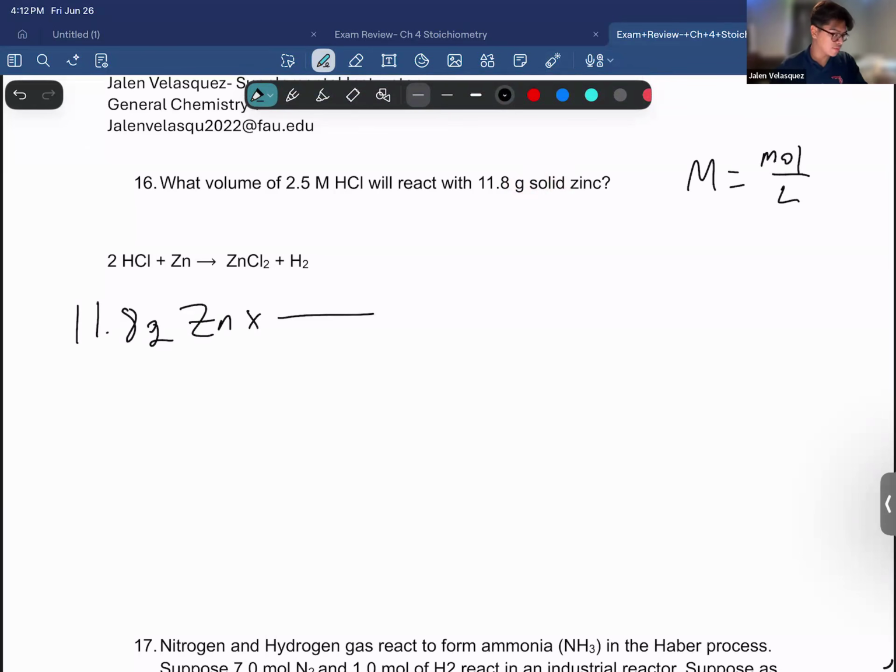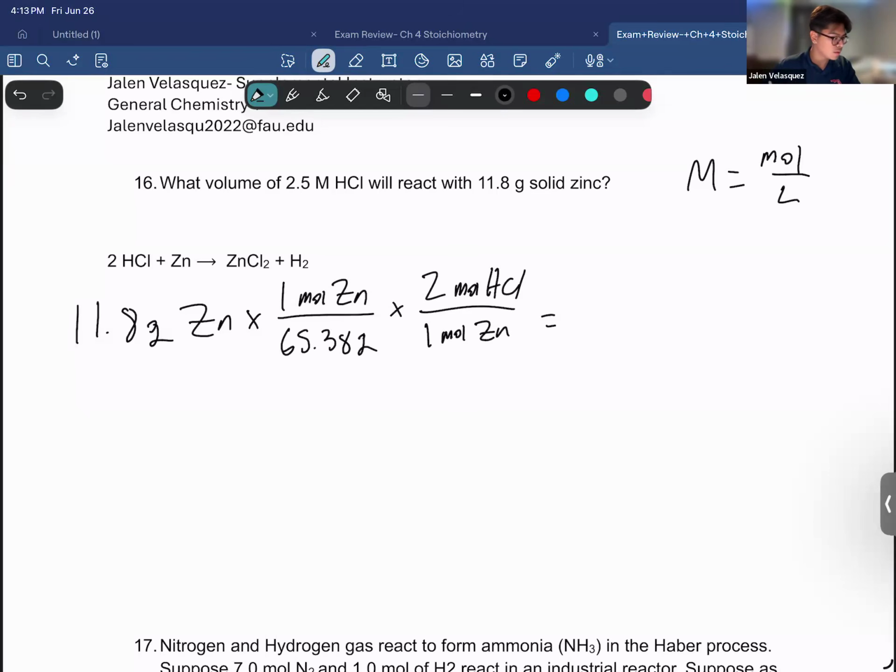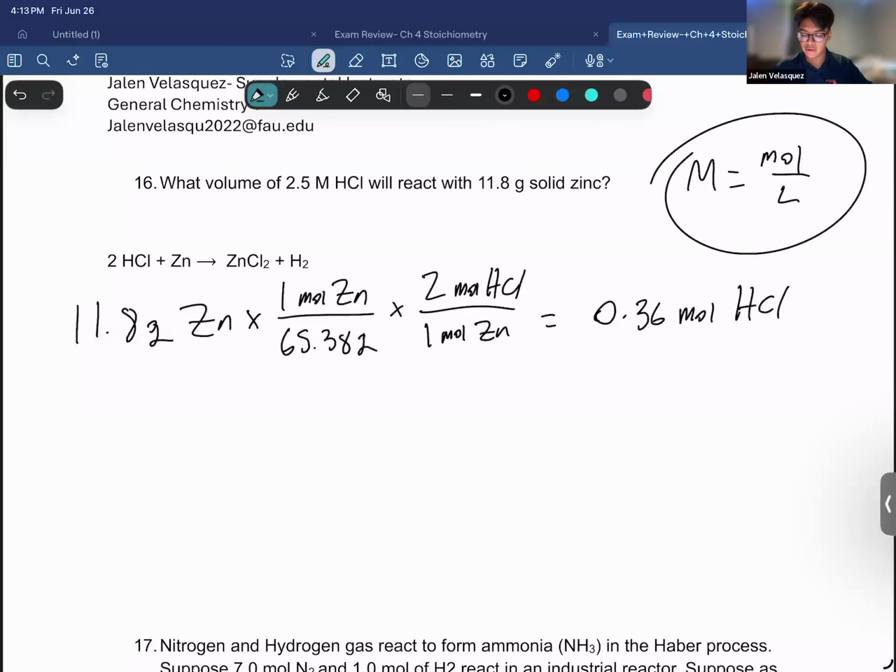So first we go from the grams of zinc to the moles of zinc. And then from the moles of zinc to the moles of hydrochloric acid. So we'll get that we have 0.36 moles of HCl. And then from there, we can plug it into the molarity formula and figure out the volume.